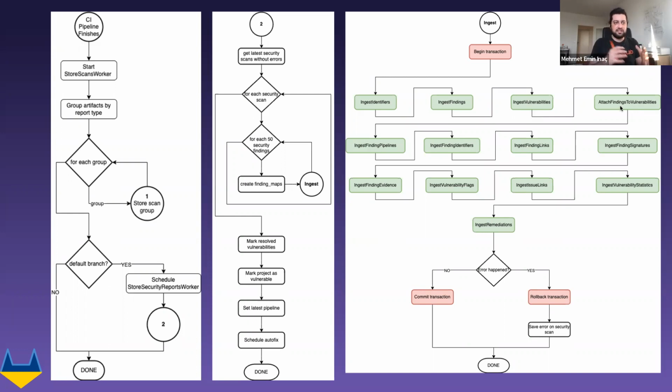And then we attach the findings to the vulnerabilities, basically updating the vulnerability ID attribute of the finding. Then we ingest the finding pipelines. Then we associate identifiers with findings, which we already created in the first step. Then we create the finding links, then ingest the finding signatures, and then evidences, vulnerability flags, issue links, and so on.